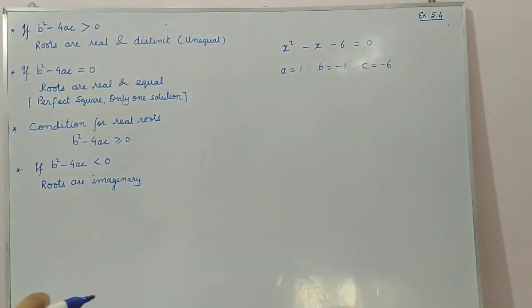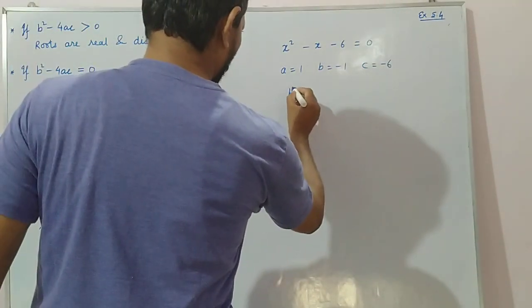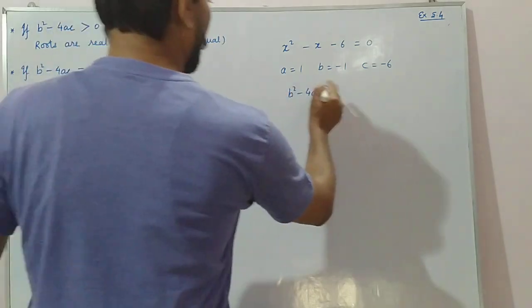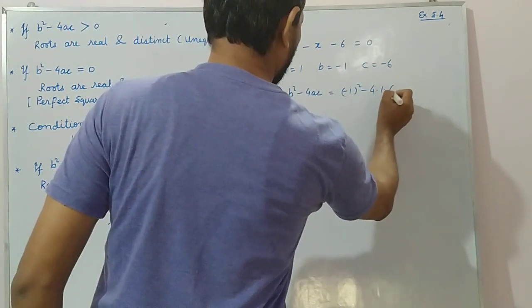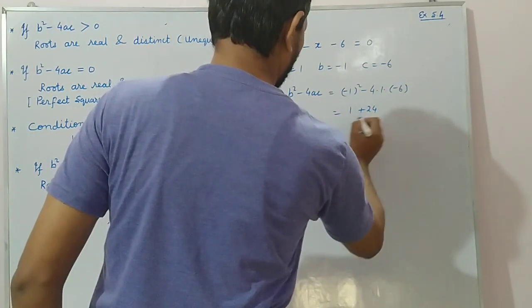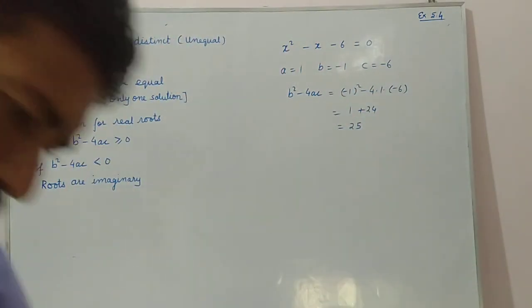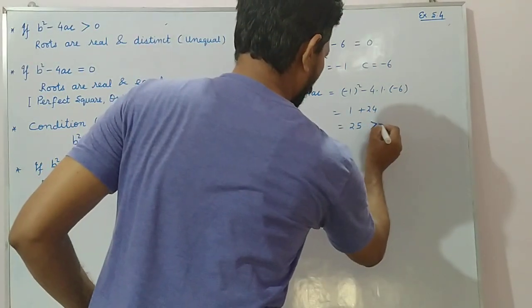First of all, we will determine the nature of the roots. So how can we find the nature of the roots? By determining b square minus 4ac. You see, b square minus 4ac. So b square, that is minus 1 the whole square, minus 4, a is 1 and c is minus 6. So this is 1 plus 24 equal to 25. So b square minus 4ac is 25, that is greater than 0.